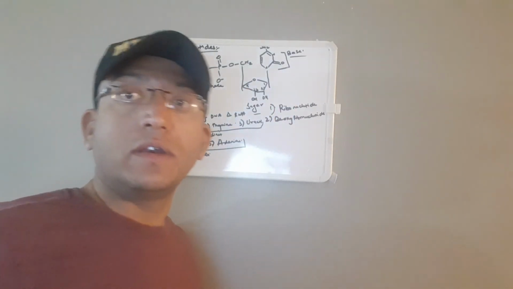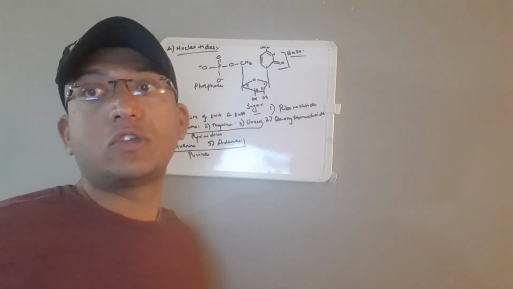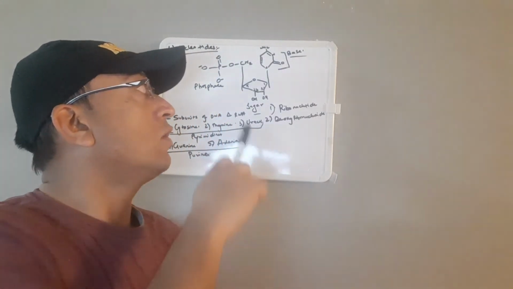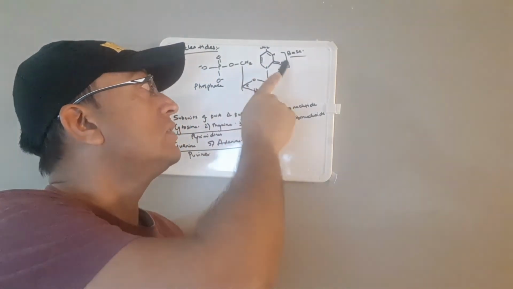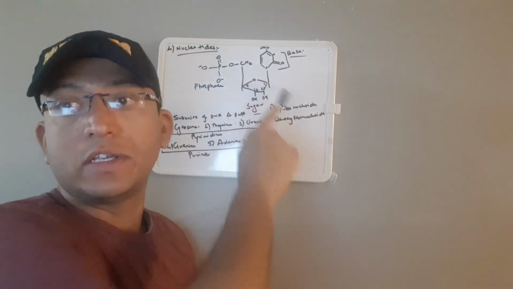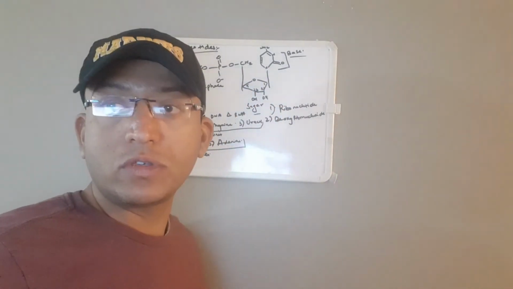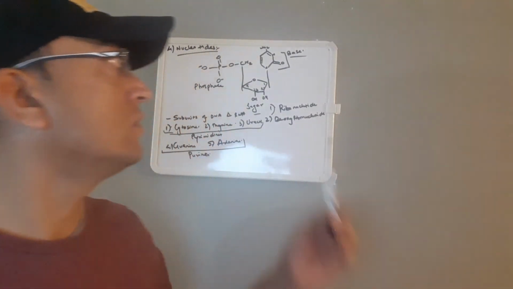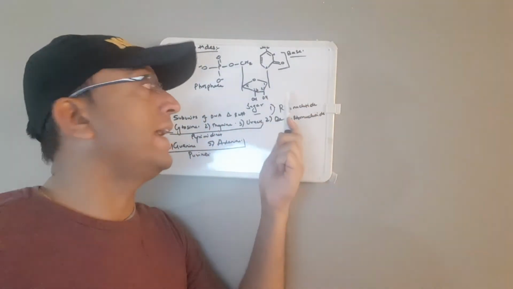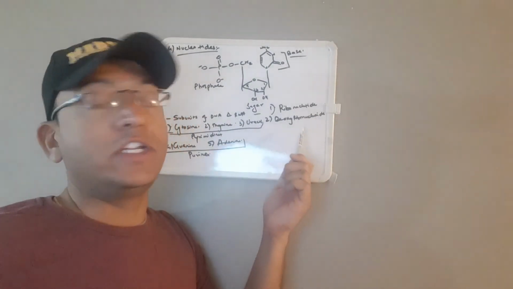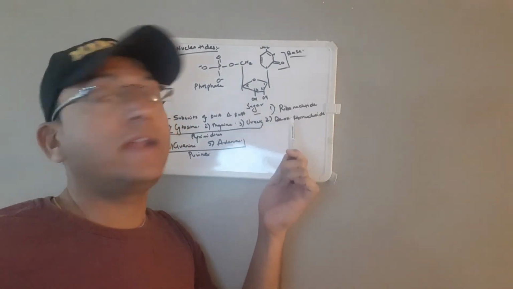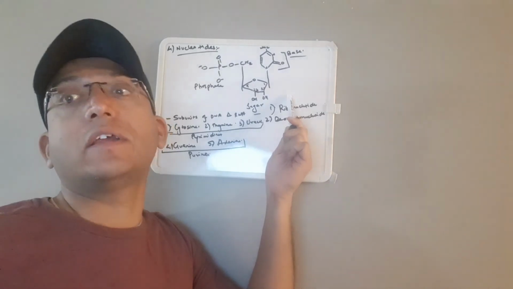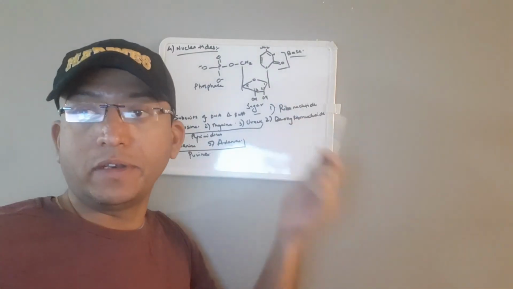DNA is based on deoxyribose. So that means the sugar is deoxyribose. What kind of bases does DNA contain? A, adenine, G, guanine, C, cytosine, and instead of uracil, it contains T, thymine.